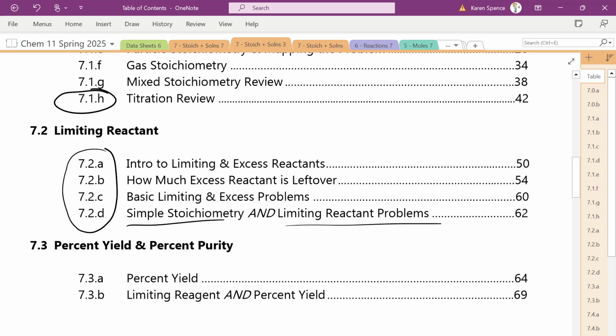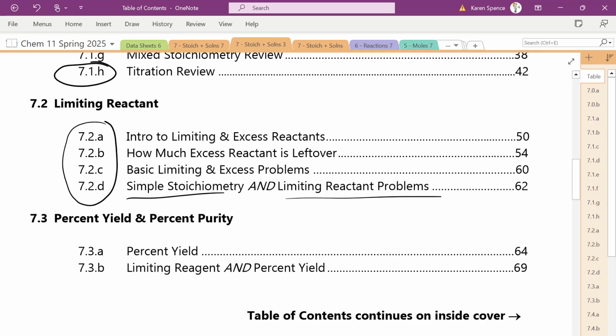So part of it is recognizing, did I give you one reactant quantity or did I give you two reactant quantities?